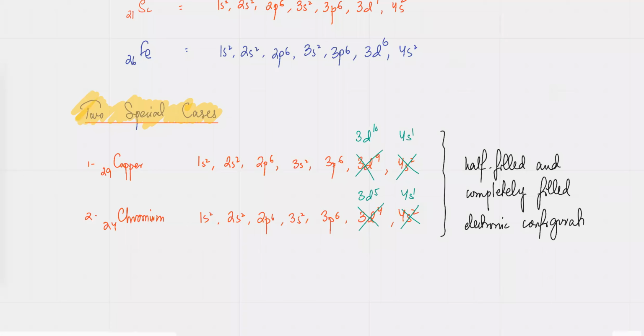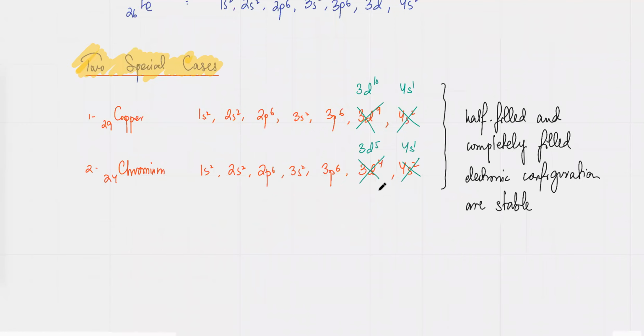So they are a more stable electronic configuration instead of the original Aufbau electronic configuration. 3d9, you just completely fill it, you make it 3d10. Instead of this being 3d4, you make it half-filled, so that each of the orbitals is going to have one electron each. So we did all of this and we wrote down electronic configurations of different atoms.